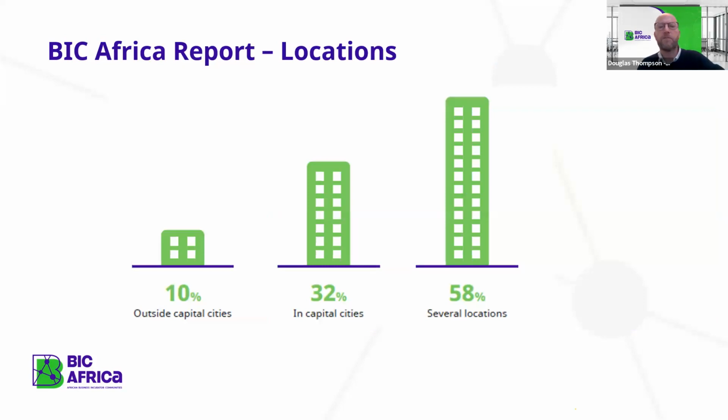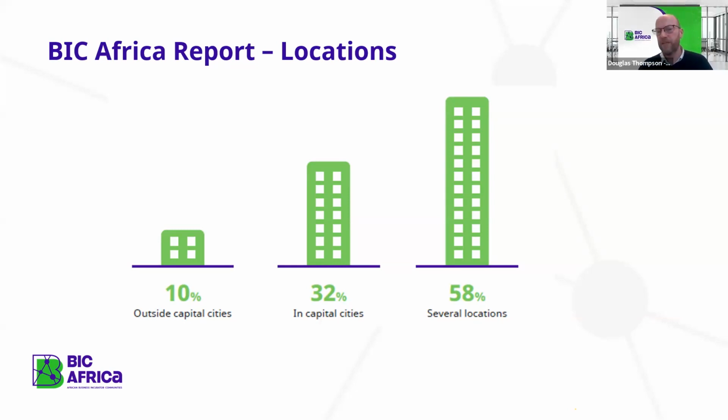And the last slide, in terms of the results: we were quite interested also in the location of the organizations, the incubators, the programs, the projects, etc. I'm not sure this is easy to understand, so let me explain it. Just under a third, 32%, were solely located in the capital city. So that means over 2/3 were located either in other areas or in other areas including the capital cities.